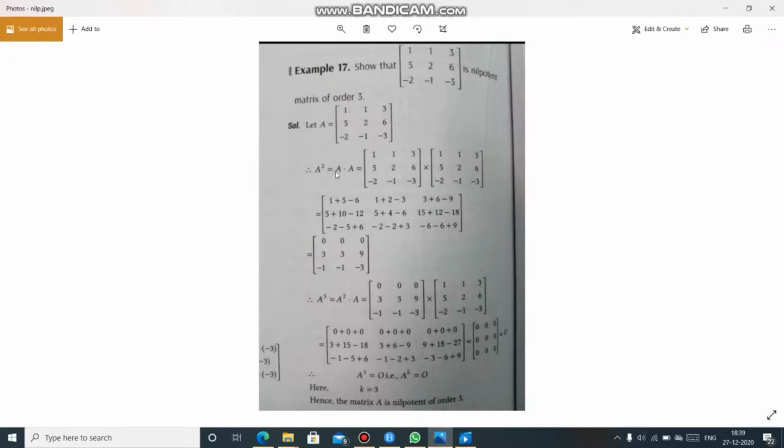A square is equal to A into A. Already in the previous matrix we discussed how to find the A square value. It means first row multiplied with first column, second column, third column. Again second row multiplied with first column, second column, third column, and third row multiplied with first column, second column, third column. Finally we get this value.